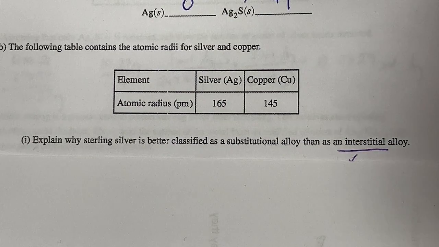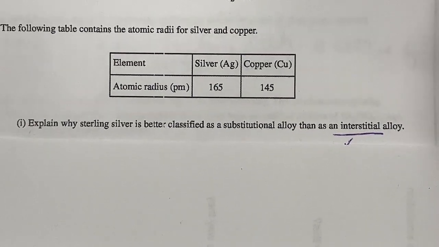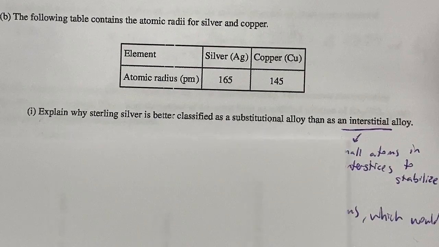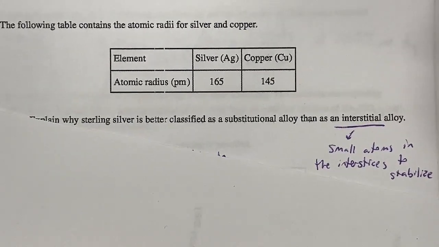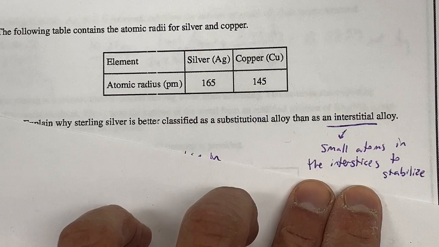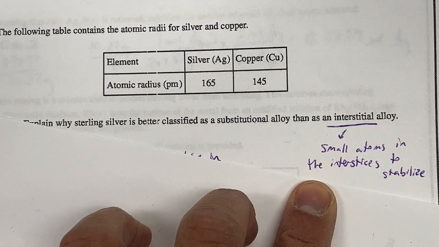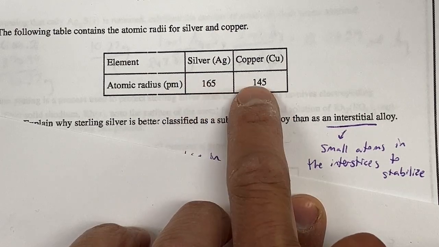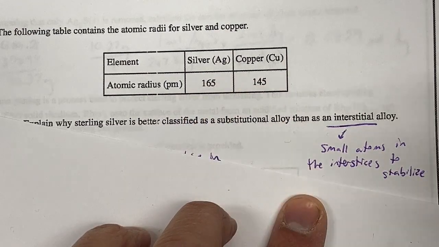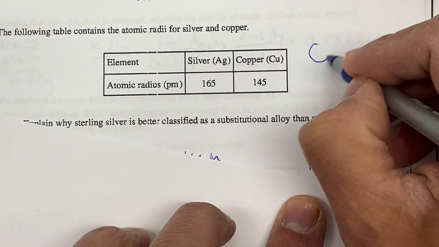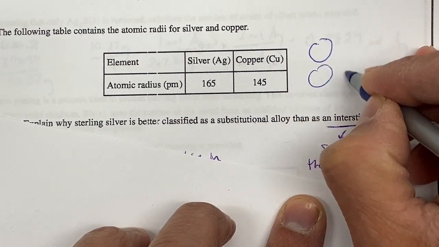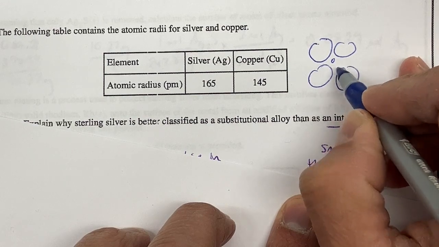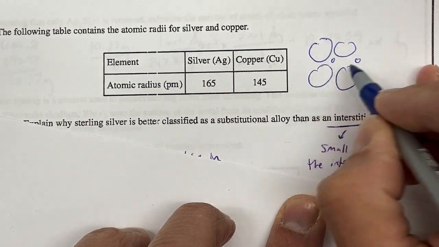I don't know exactly how they want this question to be answered, but I think of an interstitial alloy as something that has smaller atoms like carbon, much smaller than this size comparison. If you have silver atoms, interstitial means it's going to fit into the interstices of the silver atoms.